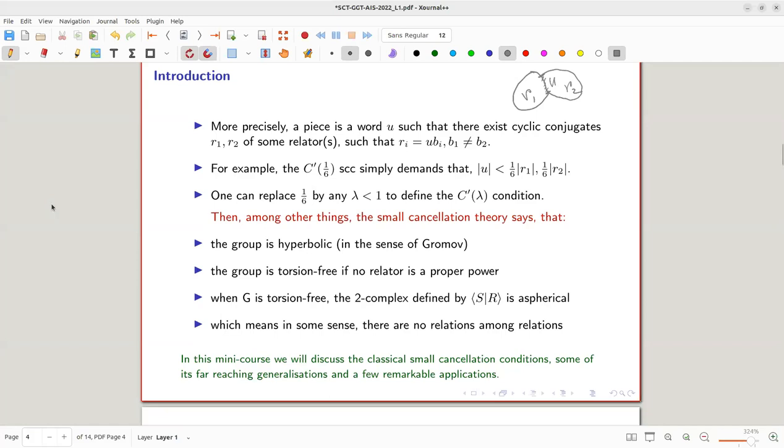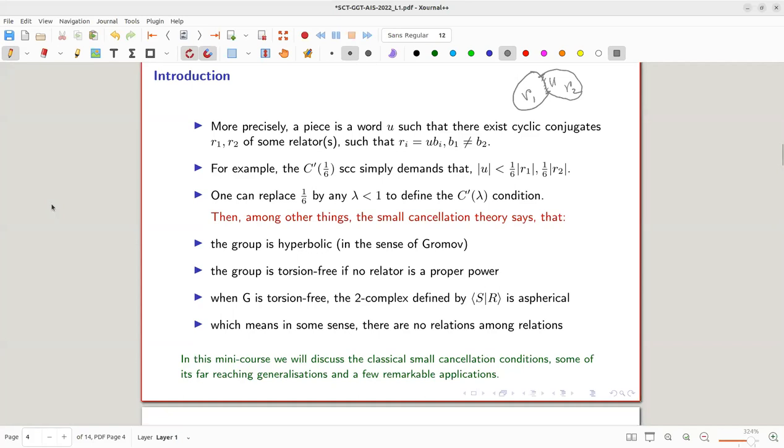What I mean is, if I replace 1/6 by any other lambda less than 1/6, then we will see that a C prime lambda group will be hyperbolic.